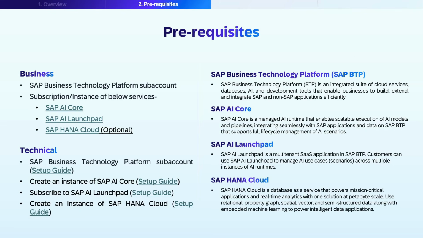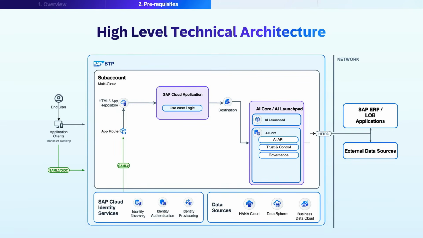By setting up these prerequisites, you'll establish a strong foundation for implementing and deploying custom predictive models efficiently and at scale. Let's take a look at the high-level architecture for building or deploying a custom AI model on SAP BTP. For all custom workloads, SAP AI Core and SAP AI Launchpad form the central components. They provide containerized deployment and make it easy to manage workloads through the Launchpad interface.